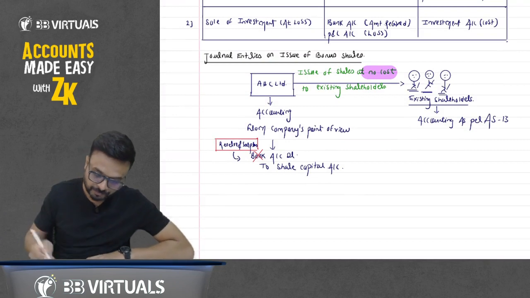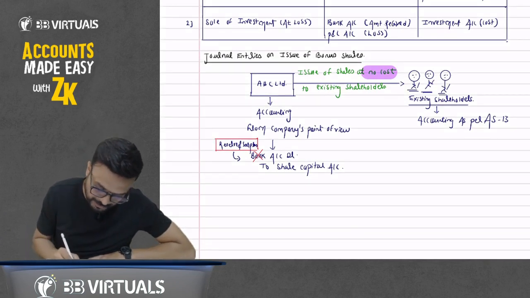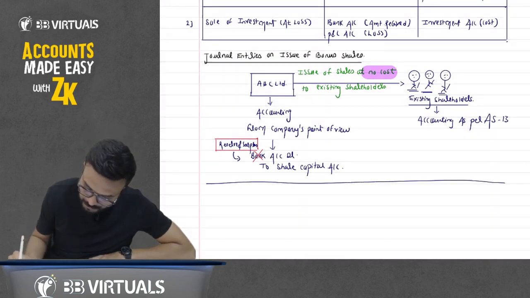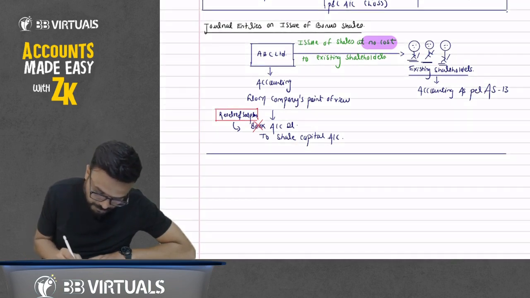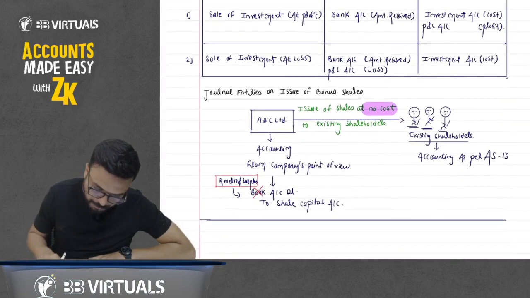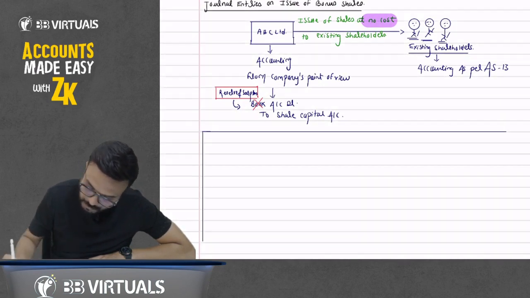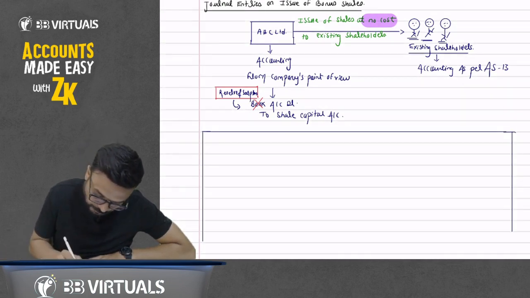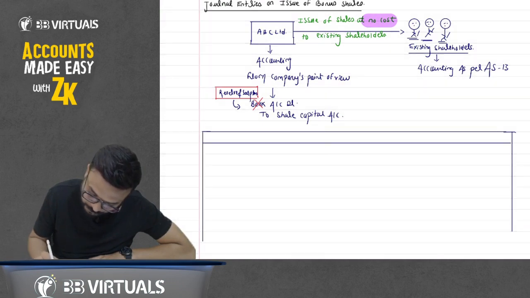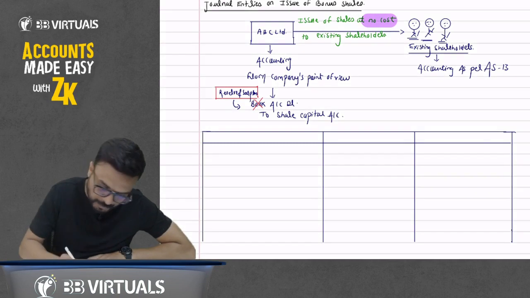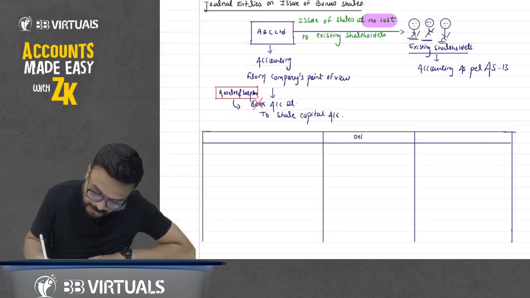So now I am discussing the journal entry. Draw this for 6-7 lines. Now understand this one. Which account should be debited and which account should be credited?